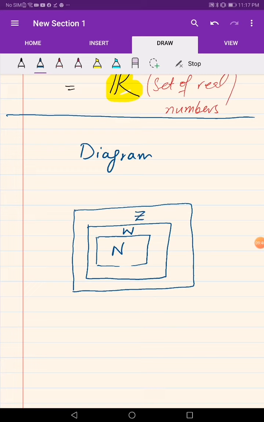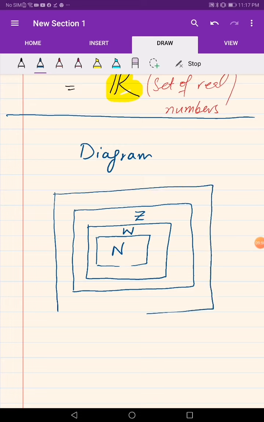And then after that, we took those numbers which were written as a fraction but were not whole numbers. So all the sets, natural numbers, whole numbers, integers, are subsets of rational numbers.